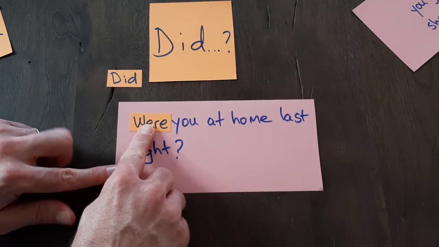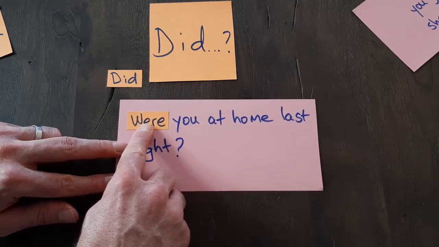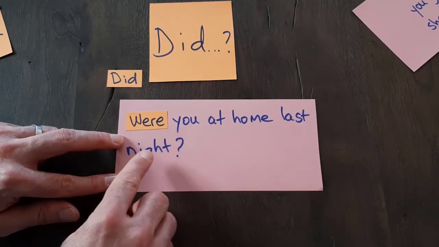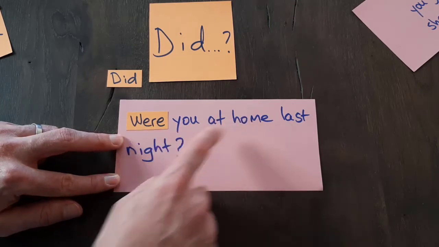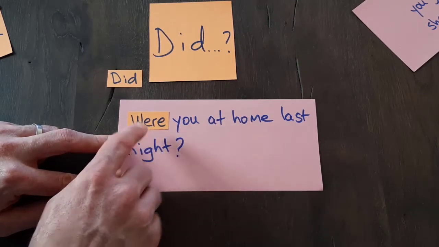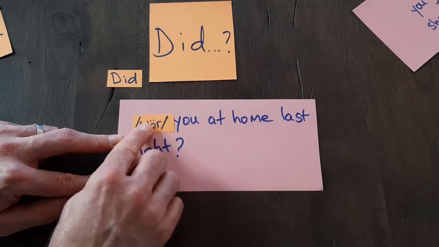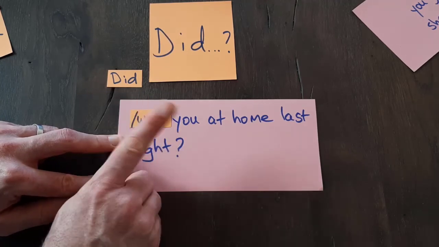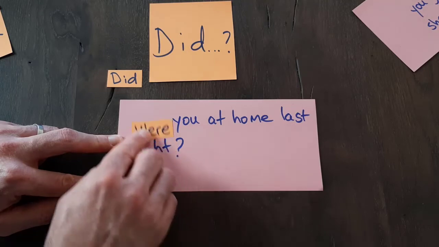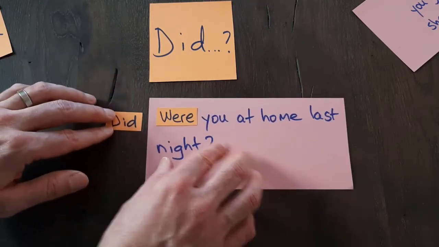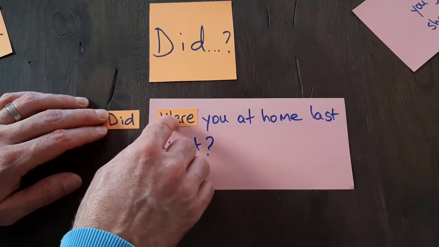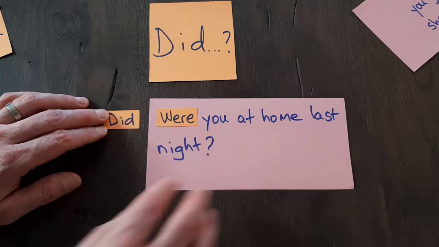All you need, für mich ist es ähnlich wie Deutsch. Also, warst du gestern Abend zu Hause? Warst du letzte Nacht zu Hause? Were you at home last night? It's very important. And maybe, again, I've got the sound. It's were, not where. Okay? Were you at home last night? Not did you were. That's a mistake I hear sometimes.